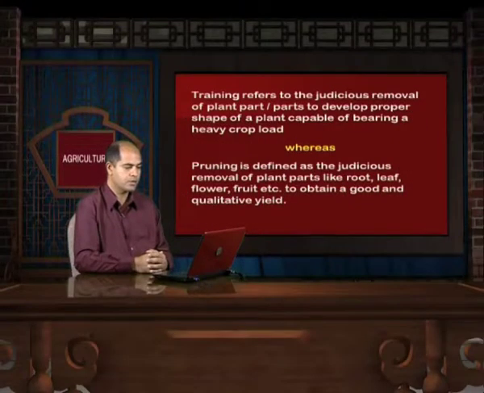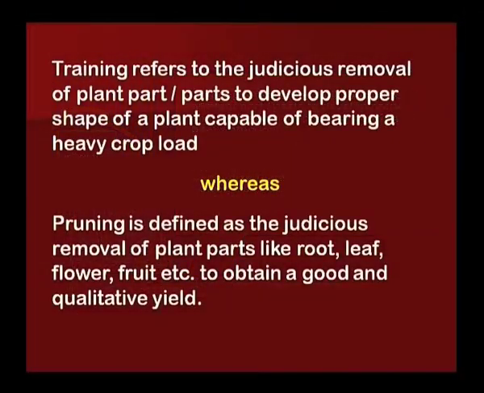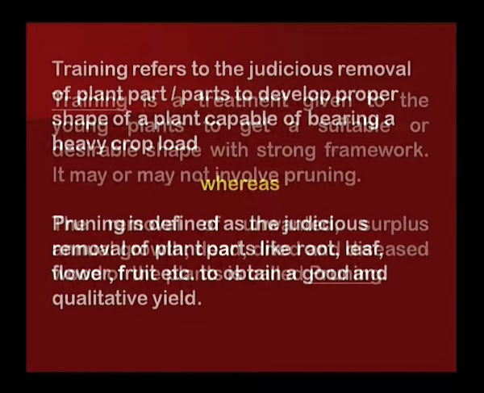Training refers to the judicious removal of plant part or parts to develop proper shape of a plant capable of bearing a heavy crop load, whereas pruning is defined as the judicious removal of plant parts like root, leaf, flower, fruit, etc. to obtain a good and qualitative yield.